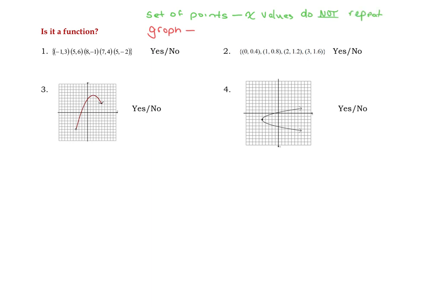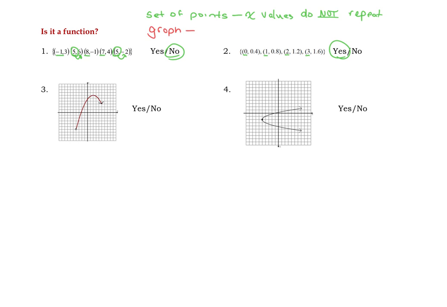So I've got this first number 1, I've got a -1, a 5, an 8, a 7, and a 5. I have matching x's at 5 and different outputs or y's, so no, this is not a function because the x repeats. The next one, I have 0, 1, 2, 3. None of the x's repeating, so yes, it is a function.